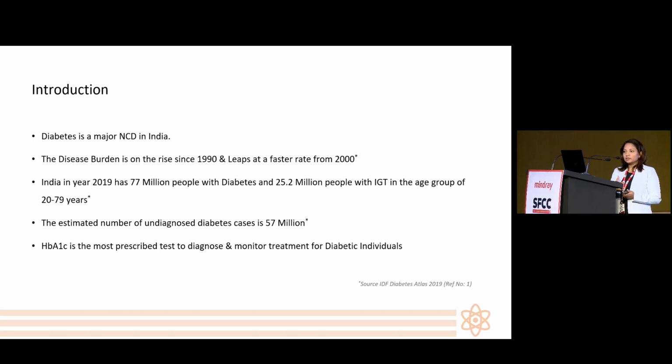And seeing the diabetes burden on the rise, it has been leaping at a very fast rate. There are many undiagnosed diabetes cases, estimated at approximately 57 million, which makes HbA1c the most prescribed test to diagnose and monitor treatment for diabetic individuals.